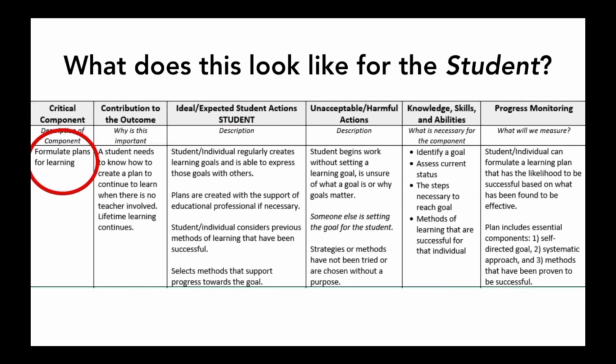Just some ideas in the ideal column as to what it would look like for the student, and what might be harmful. For example, it might be harmful that someone else is setting the goal for the student. Now, I think you can provide scaffolding for the student, but to never let the student take ownership of that is not facilitating an expert learner.